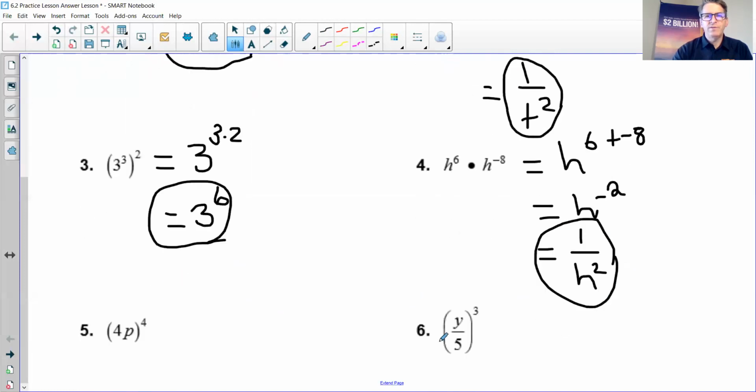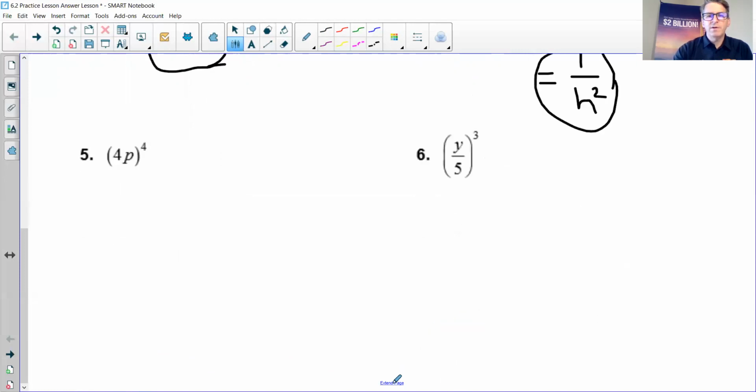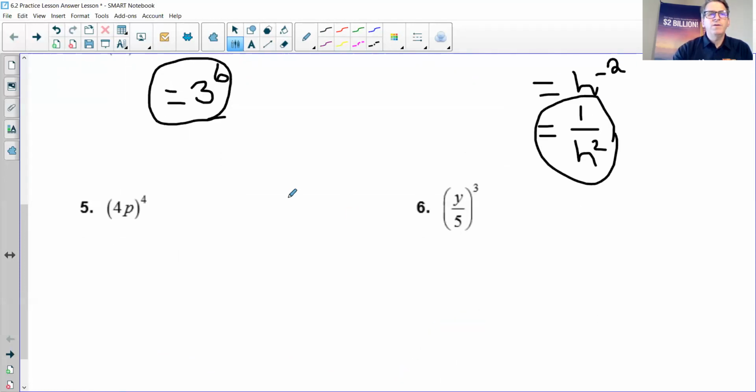Number 5, 4p in parentheses, raised to the 4th power. If you remember, we covered this: you go inside, pull each piece out, and raise it to the 4th power.